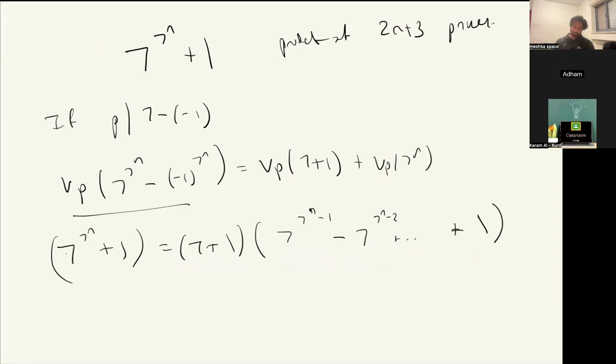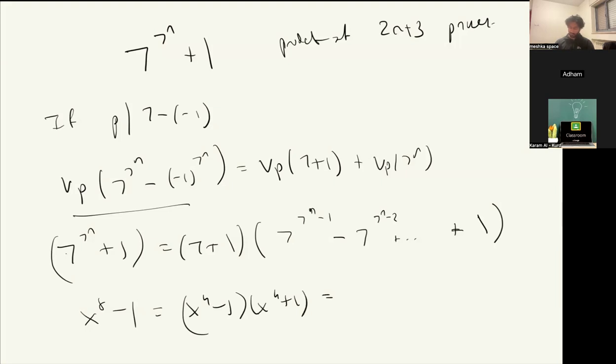I'll say something: whenever you have an exponent which is a power, for example x to the 8 minus 1, there's something I can always do. I can factor it as x minus 1 times x to the 7 plus and so on. But there's something that will give you a little bit more: x to the 8 minus 1 is x to the 4 minus 1 times x to the 4 plus 1.